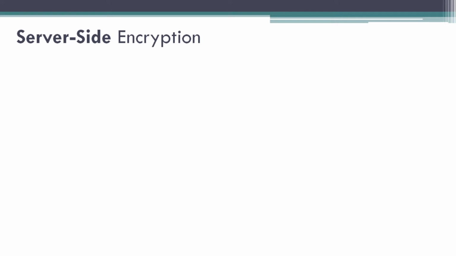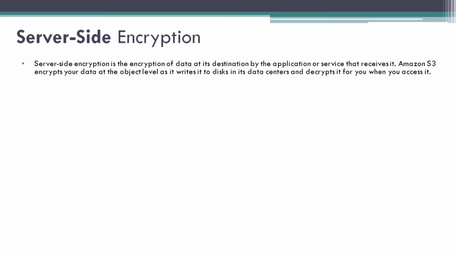So first is server side encryption. What is server side encryption? It is encryption of data at its destination by the application or service that receives it. In our case, it is Amazon S3. Amazon S3 encrypts your data at the object level as it writes it to disk in its data center and decrypts it for you when you access it.